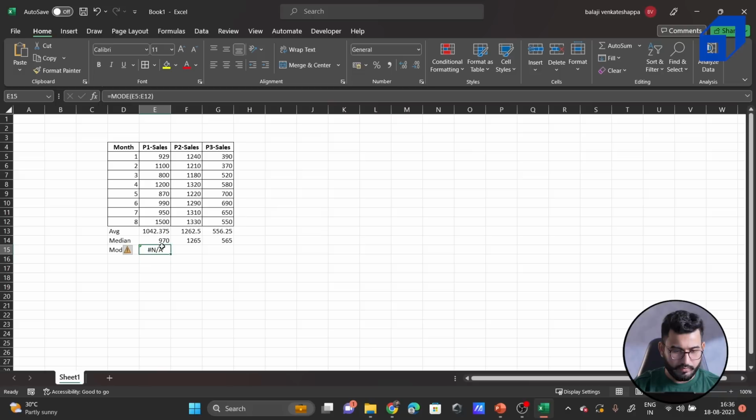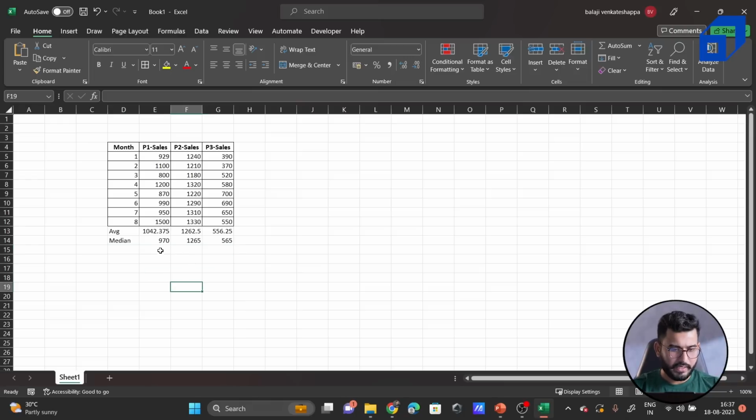Now here if you carefully observe, I do not have any mode, so my mode is not available, and I have told you previously, if I do not have any observation which is duplicate, or which is repeated for more than one time, which is having the highest frequency in our data, we will not be having a mode. So we only have average and median. So I'll simply delete this because we don't have a mode.